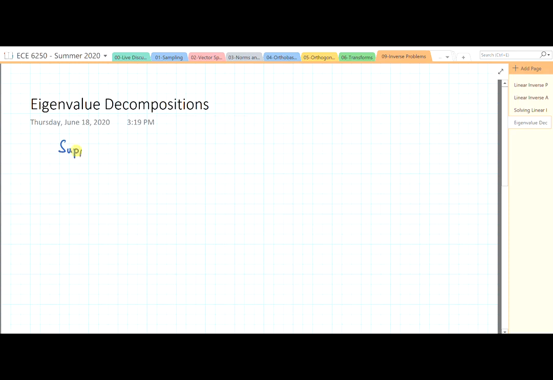So now let's branch out to a full eigenvalue decomposition. So we're assuming that the matrix A has n linearly independent eigenvectors, which we will call v1 up to vn.